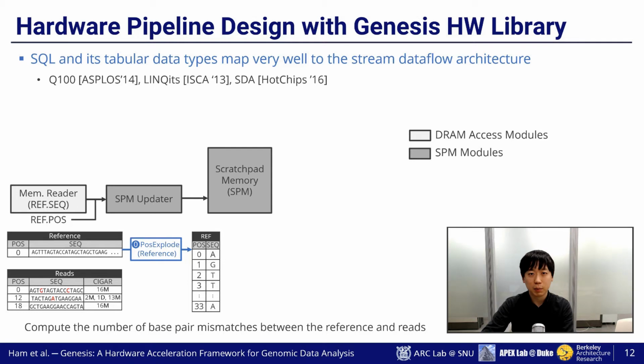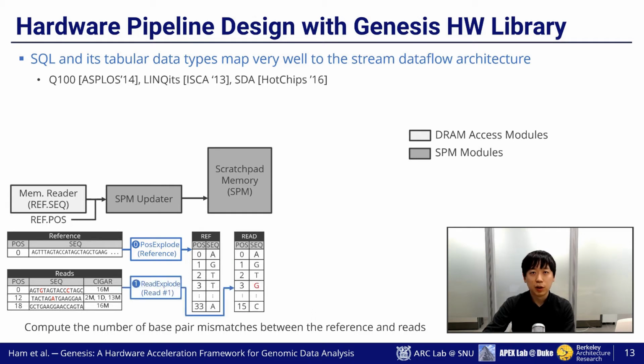Then, the SPM updater module stores the loaded value in the scratchpad memory. One thing to note here is that in hardware, the pos value for each row is not explicitly stored to avoid redundancy.